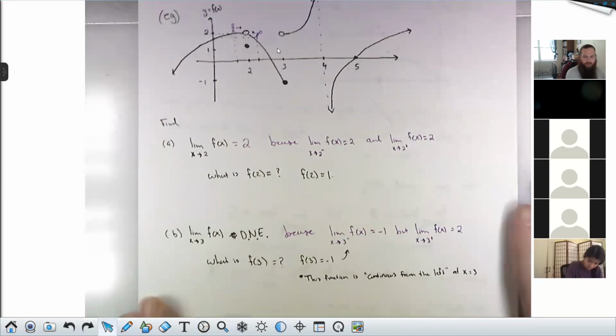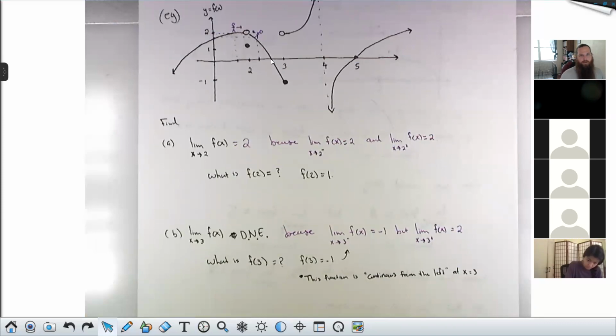And we'll talk more about what continuity really means, but the idea is that as you sneak up from the left, you do get the function value. But as you sneak up from the right, you get something else, which is not the value of the function at 3.